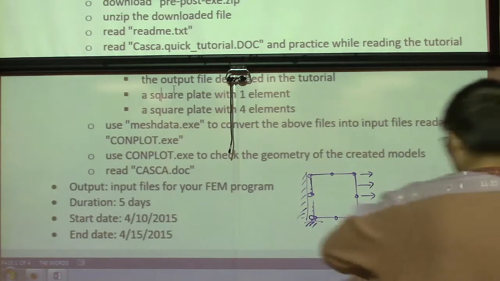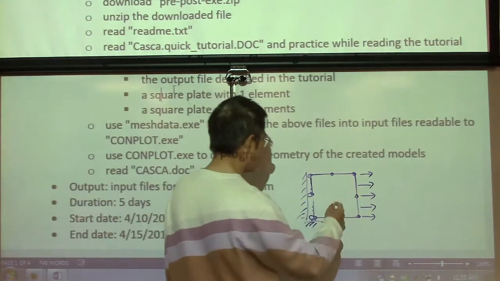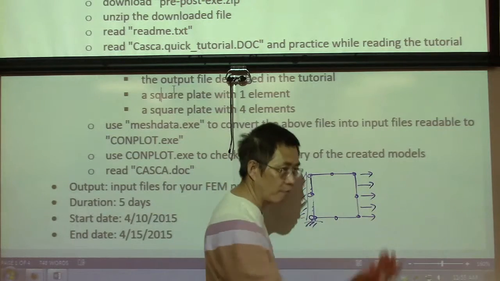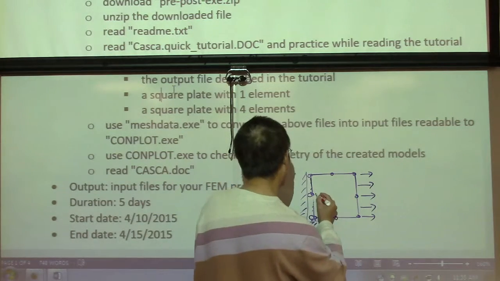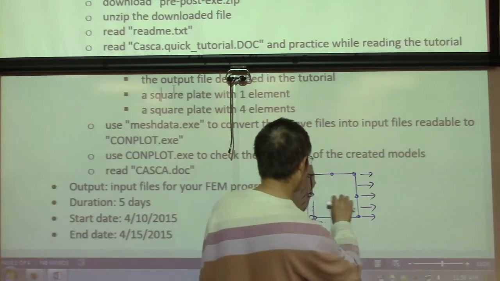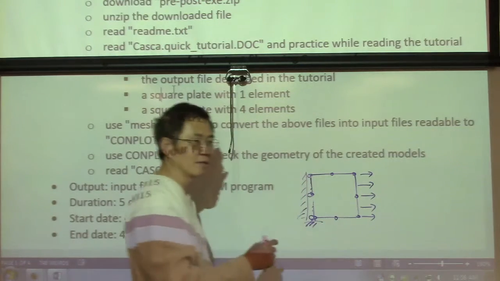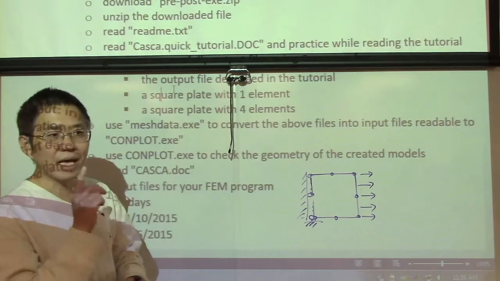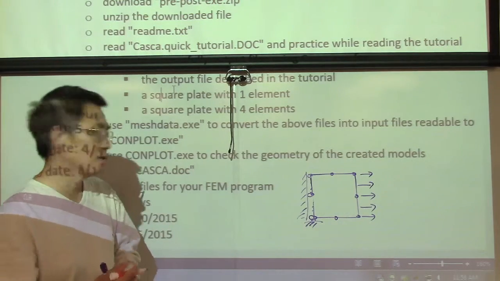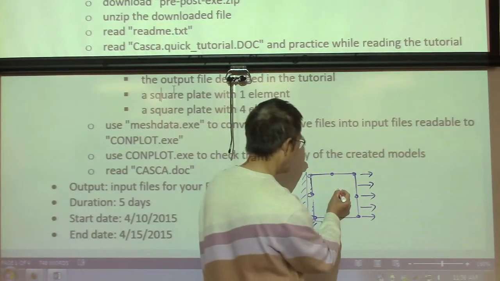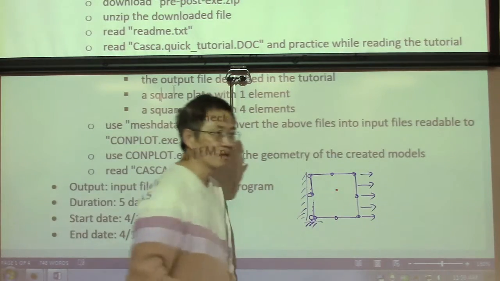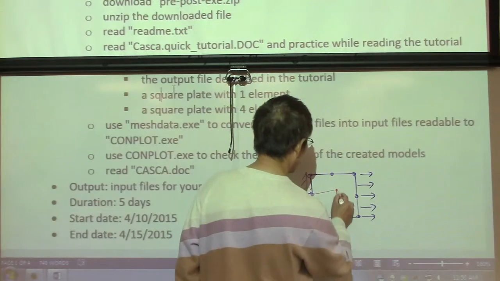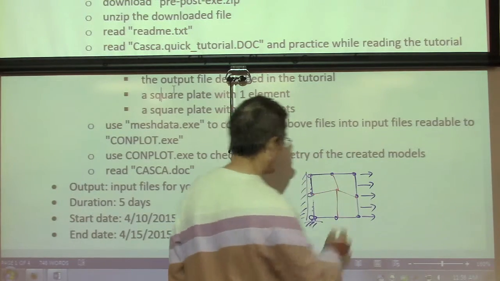For the 4 element model, the geometry is the same, but this time, instead of using 1 element, you're going to divide it into 4 elements. One way you may think is just split a line here, right? So you have 4 regular square elements attached together, but that's not very good. I suggest you put a node here so that it's kind of distorted. So you will have one element like this, another element like that, and an element like that.